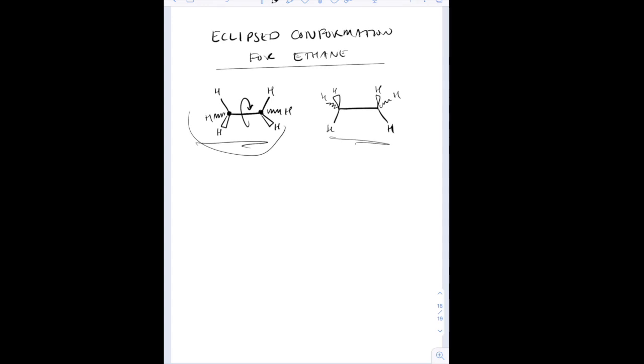And so remember, we're going to take a look at this particular ethane conformation, and we are looking down this carbon 1 and carbon 2 bond. So in order to draw the Newman projection for an eclipsed conformation for ethane, I'm going to first draw that central carbon.